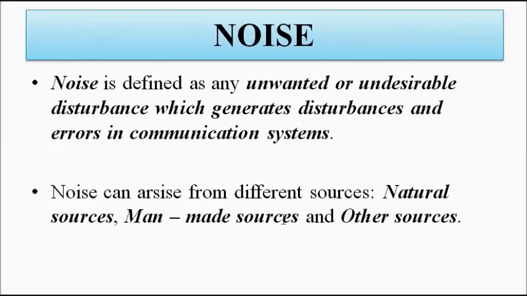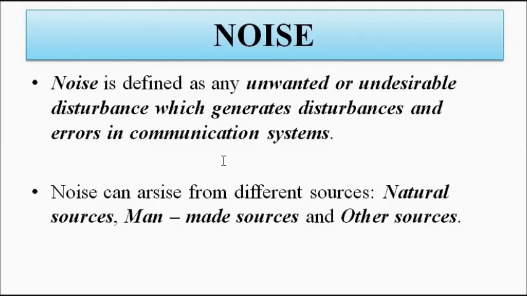For example, if we use copper cables, twisted pair cables or coaxial cables, each has its own noise and interference effects. Depending on that, they have their own advantages and disadvantages. We will discuss that when we discuss the communication channels in detail.